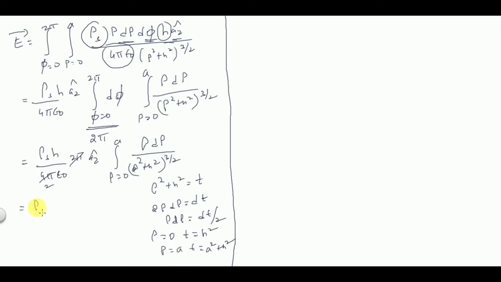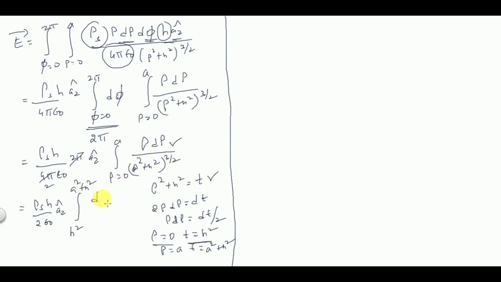then t is equal to a square plus H square. So then it becomes rho s into H by 2 epsilon naught az cap integral. So I'm converting this integral in rho to an integral in t. So when rho is equal to 0, what is the t value? H square. So H square, right? And when rho is equal to a, it is a square plus H square.